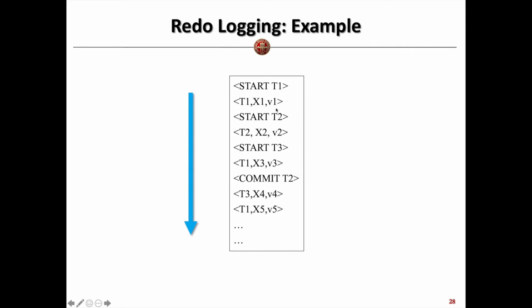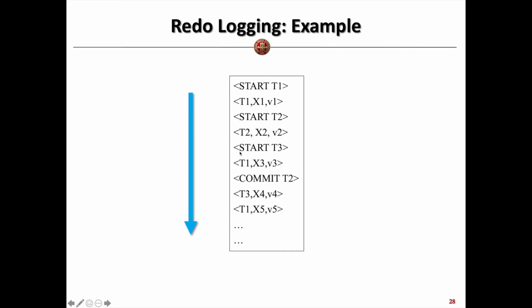We know this one is incomplete, and we can ignore it. Then we have start T2, and we have T2, X2, V2. However, in the following entries, we have one entry, commit T2, right? We know this T2 is committed. Therefore, we have to redo this action, T2, X2, V2, to recover the new value of X2. You can follow me, right?